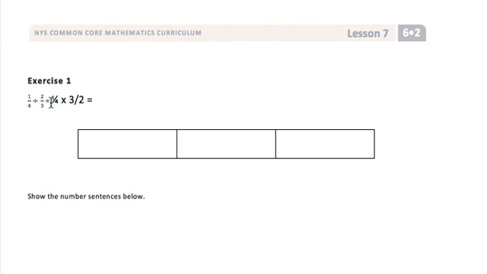Don't ever change the first fraction because the first fraction represents the actual number you're starting with. We then would multiply the numerators, 1 times 3, which is 3, and the denominators, 4 times 2, which is 8. So 1/4 divided by 2/3 is 3/8.